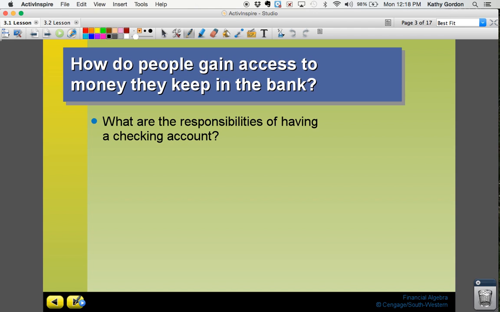If you try to take out more money than what you have, whether it's by writing a check, buying something, or taking out money at an ATM, whatever the case might be, then that's called an overdraft, or you overdraw your account.